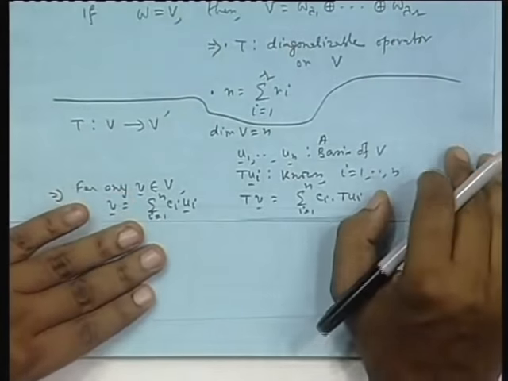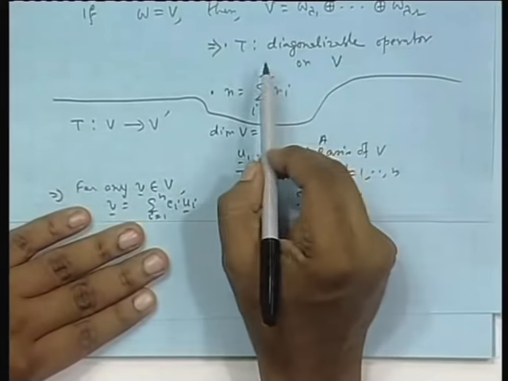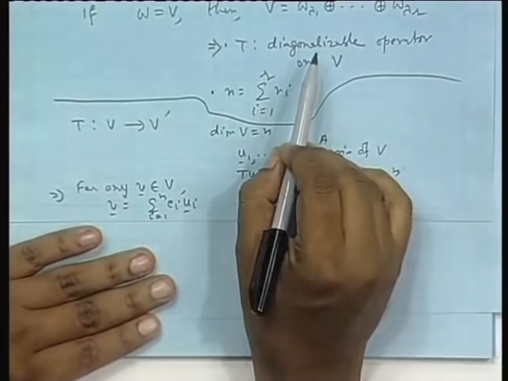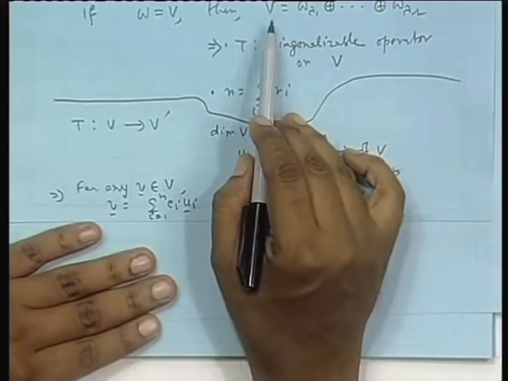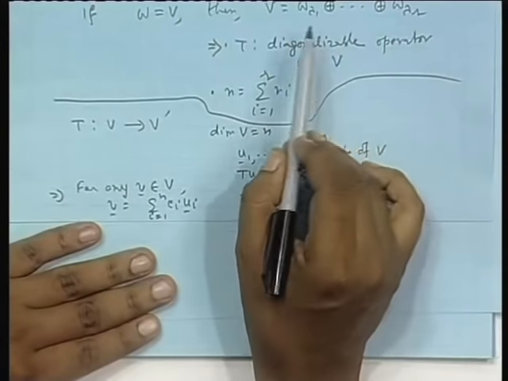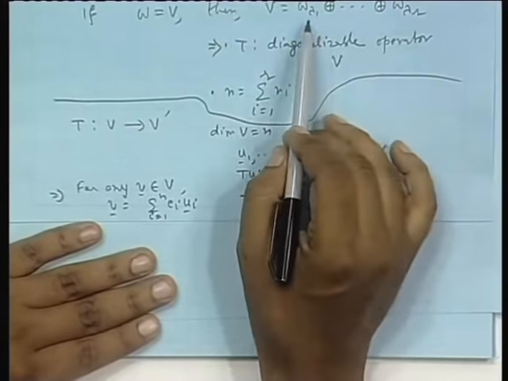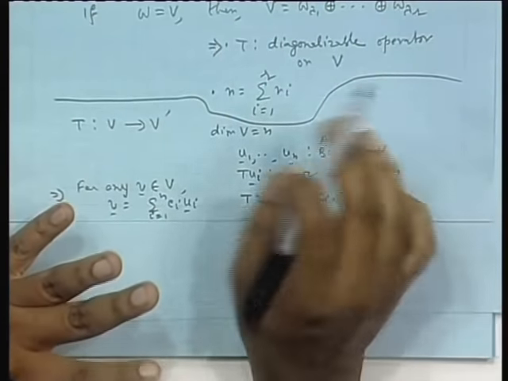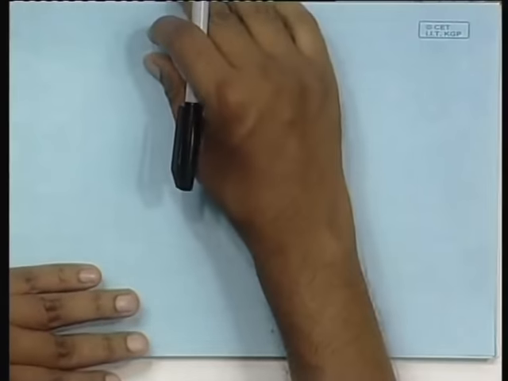Now, using that and all these results, I will try to explain what I mean by a diagonalizable operator. But remember, it is a diagonalizable operator if the entire vector space V is given as a direct sum of the individual eigen subspaces corresponding to the distinct eigenvalues of T. Then I will call T a diagonalizable operator. Actually, it is quite simple.